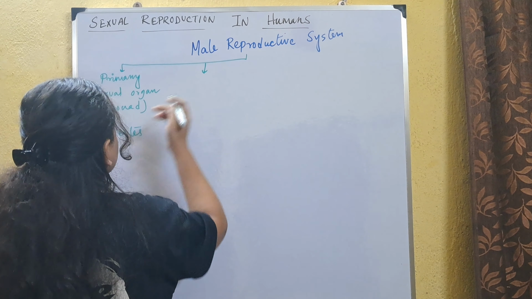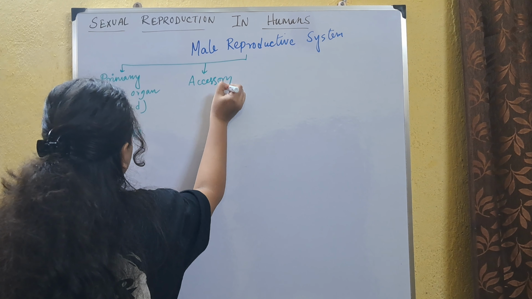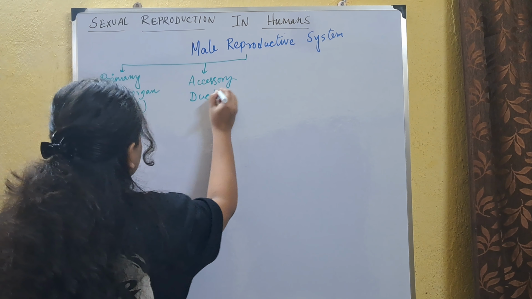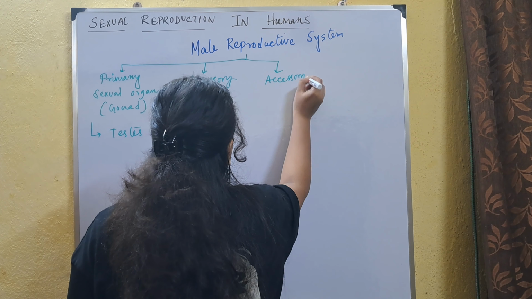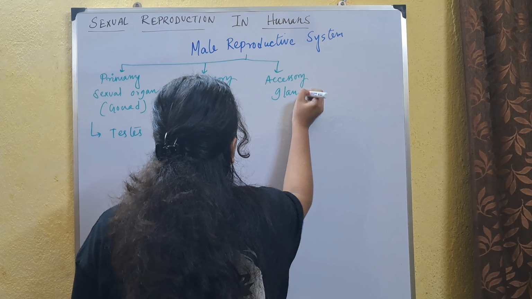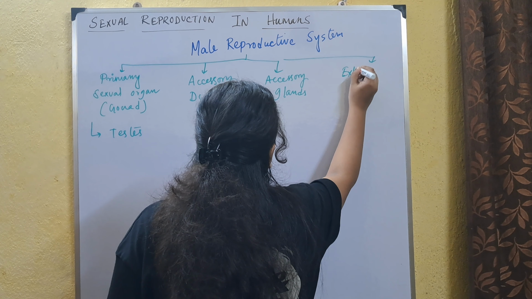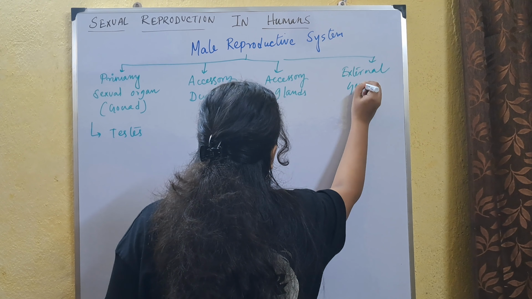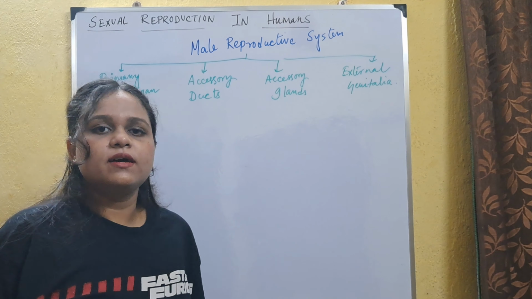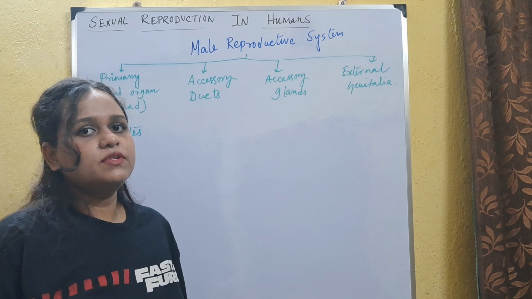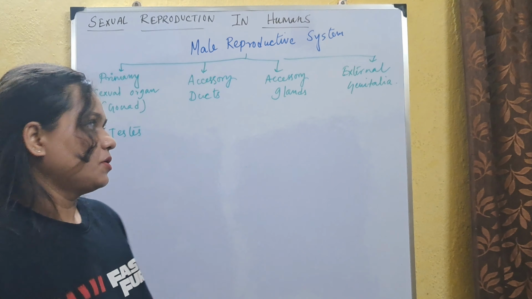Next one is accessory ducts. Fourth one is accessory glands. And the fifth one is external genitalia. First, we will understand the functions and the location of these parts. After that, we will know the diagram of the structure.